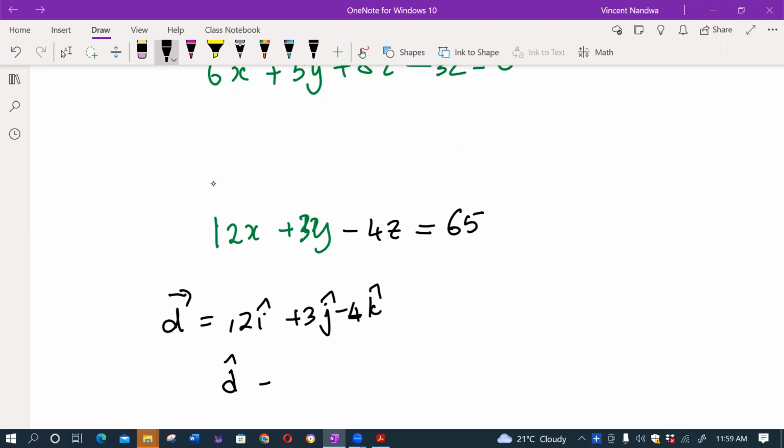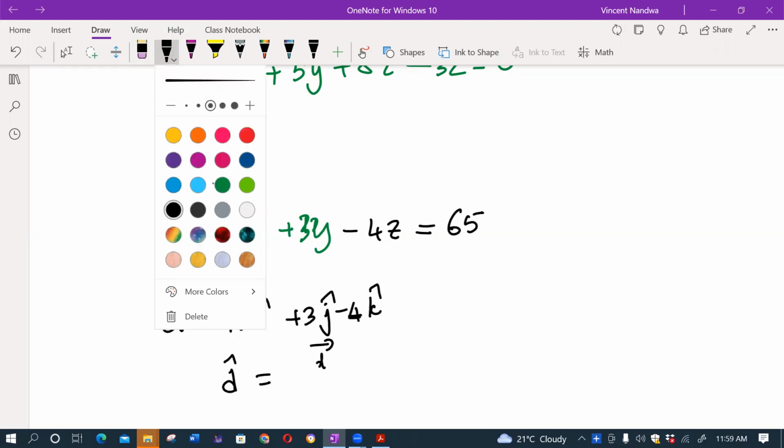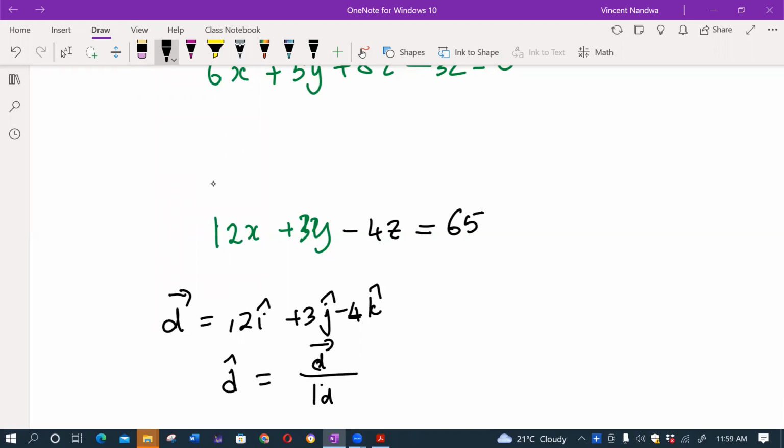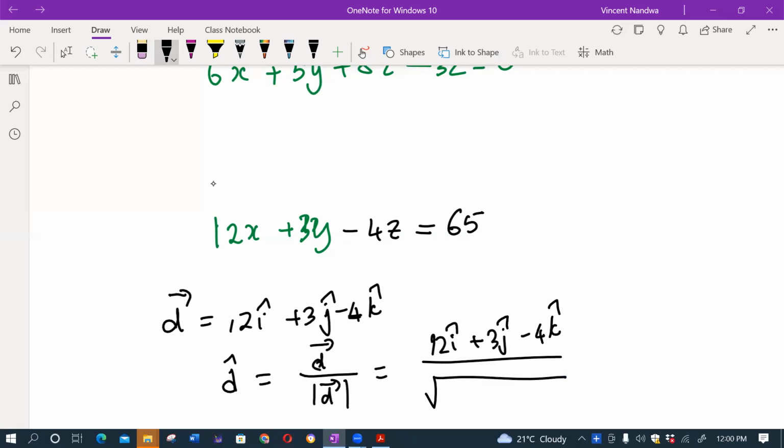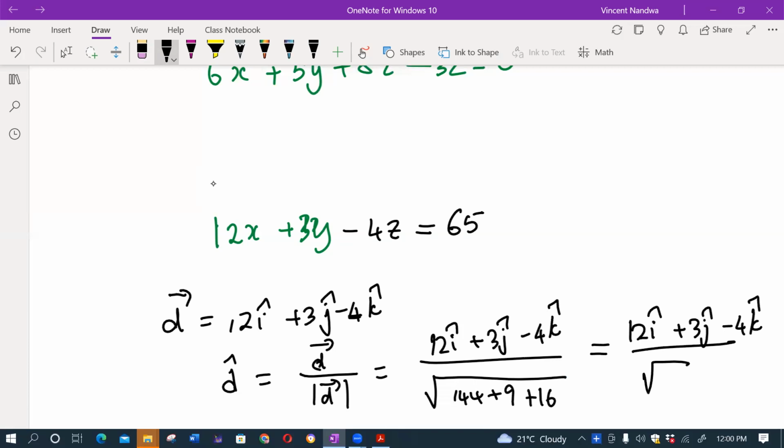So the unit vector from this D will be given by D divided by its magnitude, which will be 12i plus 3j minus 4k divided by the square root of 144 plus 9 plus 16, which is 12i plus 3j minus 4k divided by the square root of 169.